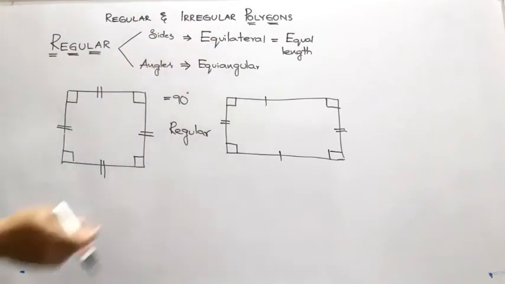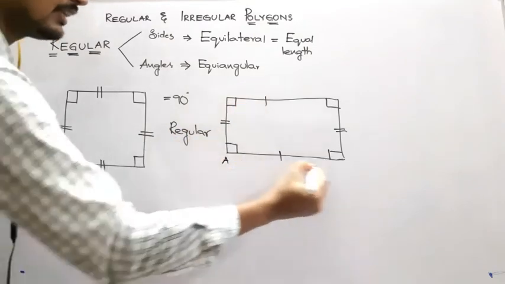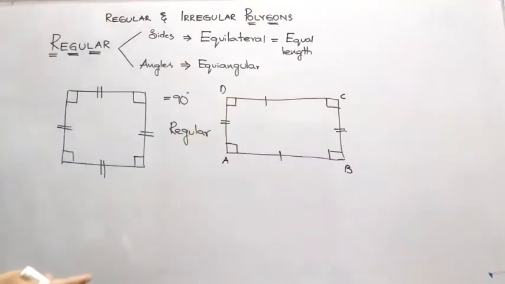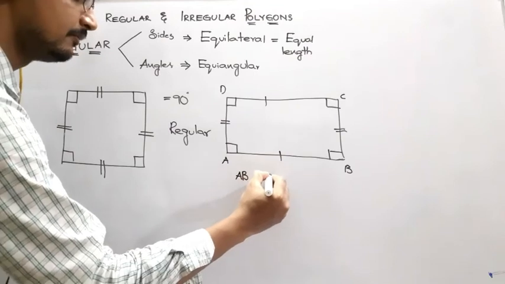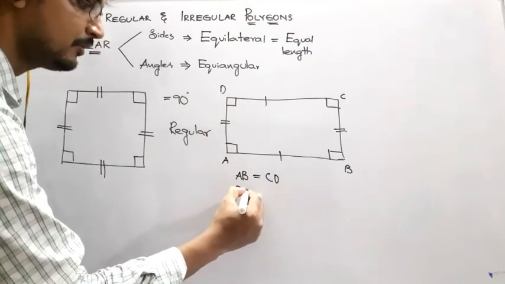The reason is this sign indicates that, if we take the rectangle as ABCD, through the figure we can say that AB is equal to CD and BC is equal to AD.